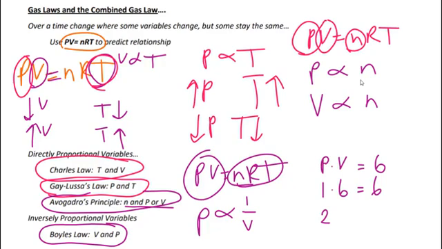That means my volume needs to, in order for this right side to still equal 6, 2 times what is 6? Well, 3, right? So if I increase my pressure from 1 to 2, my volume had to decrease from 6 to 3 to still have the right side equal that same amount. So as one increases, the other must decrease.